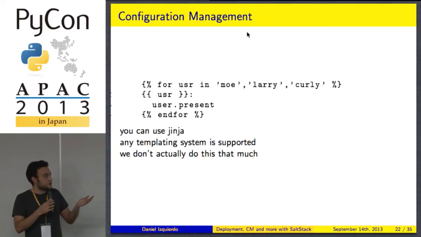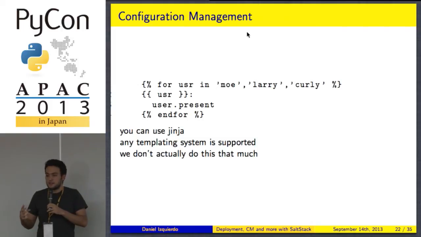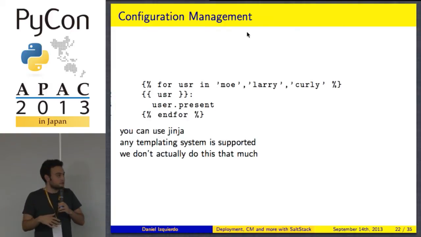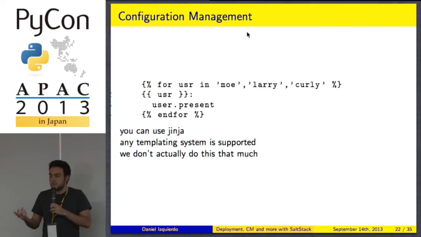If you want to have a set of users present in all of your machines, then instead of writing a very big YAML file, you can write a Jinja template that generates a YAML file, and then this is taken as the contents of this configuration file. Any templating system is supported.